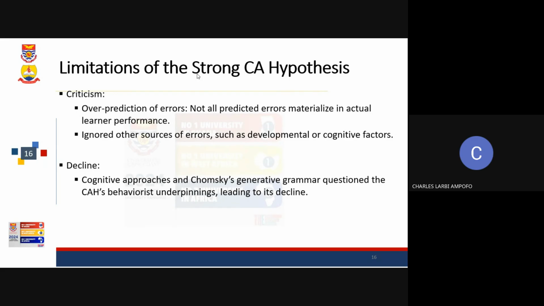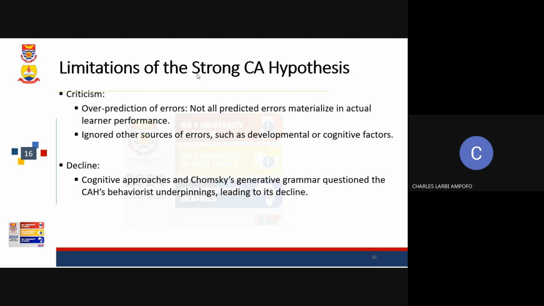It's just like today in Ghana we have NPP and NDC. An NPP person will not agree with NDC, and NDC will also not agree. They may admit that, oh okay, they are doing well here, but there is always a but. So what are some of the criticisms that were leveled against the strong version of contrastive analysis?